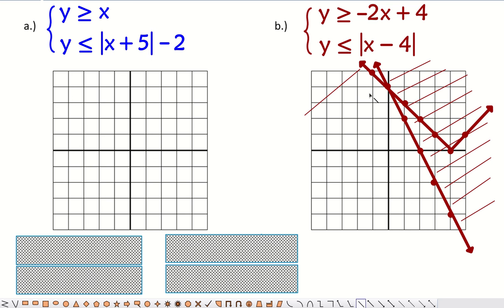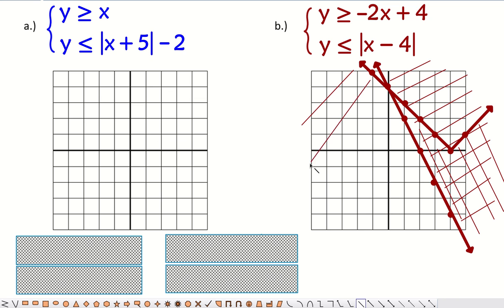Maybe it's kind of pointless because you can see we're going to be shading below this V, so we kind of know that the double shading is going to be all up in here.